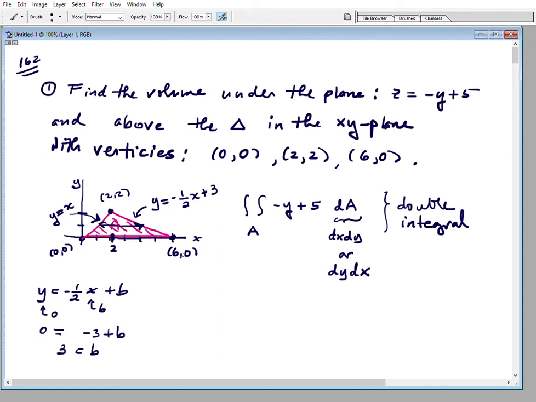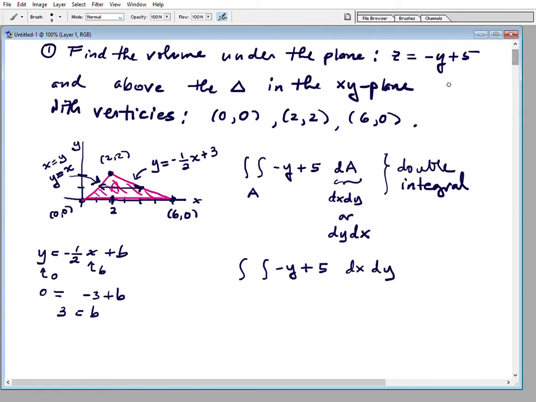So now we have the equation of our lines. But we want to get the equation in terms of x. Well, we know x equal y. We want to solve for x. Here that's easy, x equal y. And here we want to solve for x because we want to integrate first with respect to x, and because that way we won't have to split up our integral. So we're going to do dx dy, not dy dx.